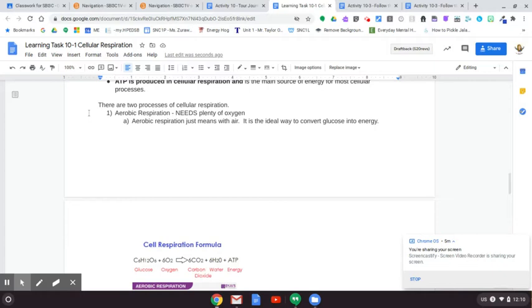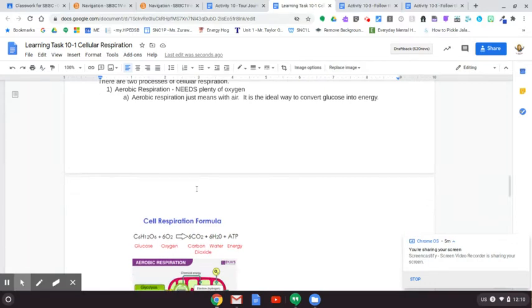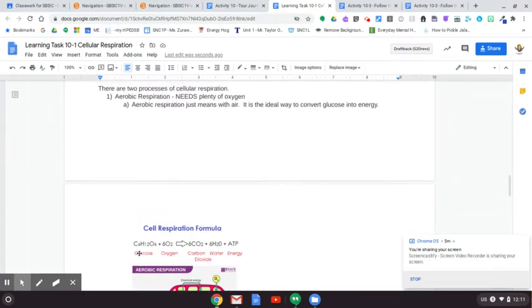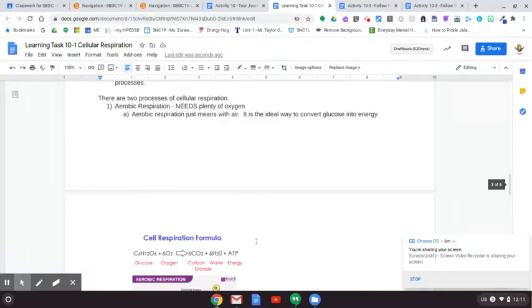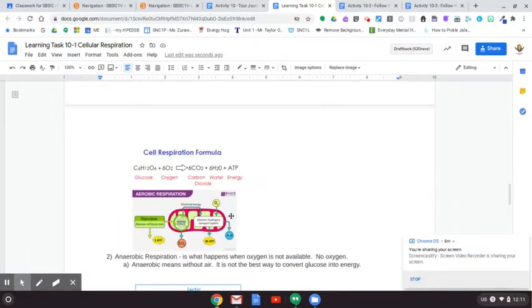Then I've broken down the two processes a little more. So there's aerobic, where you have plenty of oxygen. Basically, you have your glucose molecule plus your oxygen, and then you end up with carbon dioxide, water, and ATP. Where does this take place? It takes place in the mitochondria. That's why in cells, the mitochondria are called the powerhouse of the cell. That's where you're getting the ATP produced.